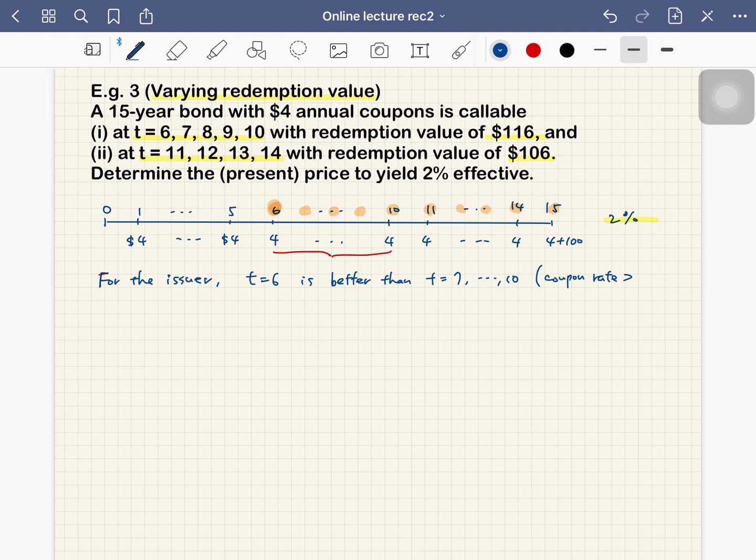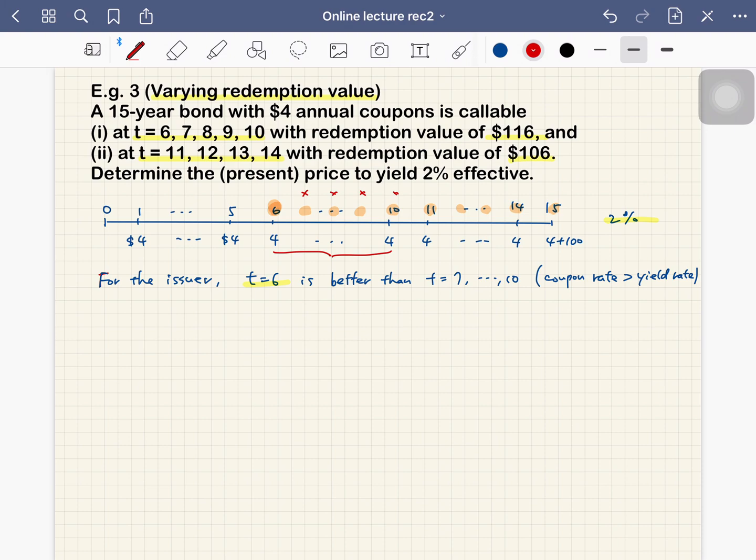So that means basically the issuer wants to stop paying the coupon. So t = 6 is better than t = 7, 8, 9, 10. So we can eliminate the possibility of being called at 7, 8, 9, 10.